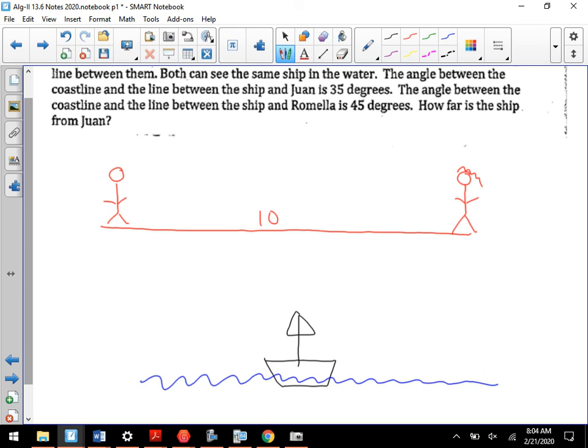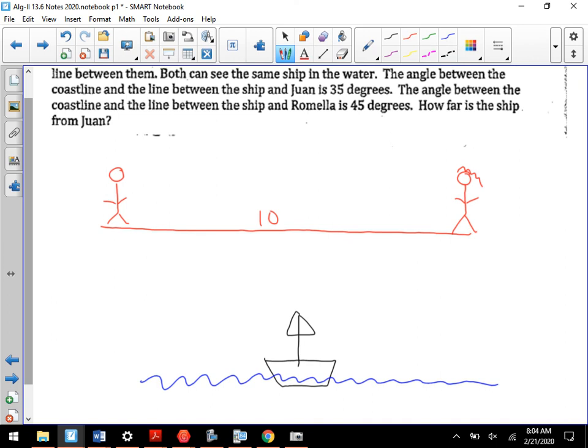The angle between the coastline and the line between the ship and Juan is 35 degrees. The angle between the coastline and the line between the ship and Romella is 45 degrees. How far is the ship from Juan?